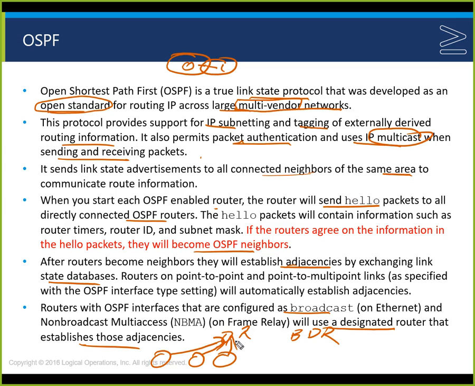And these things are elected based upon the highest IP address on a loopback interface. And if you don't have any loopback interfaces, it's the highest IP address on the routers themselves, any IP address. But the loopback is the preferred method, and that's where we talked about in ICND1 making loopback interfaces.